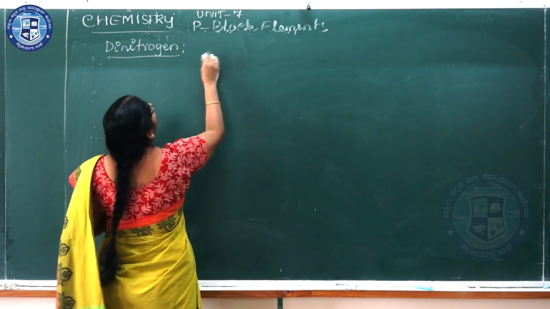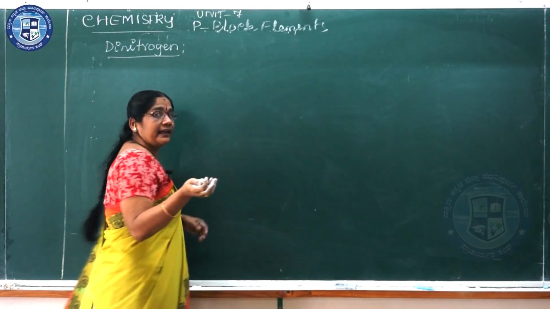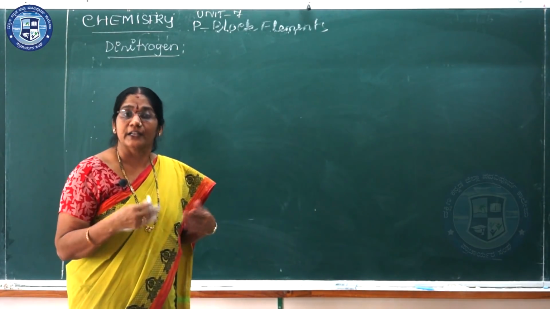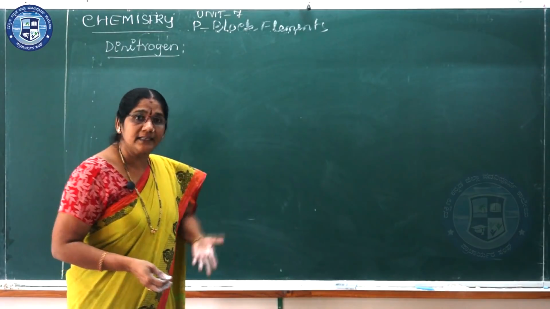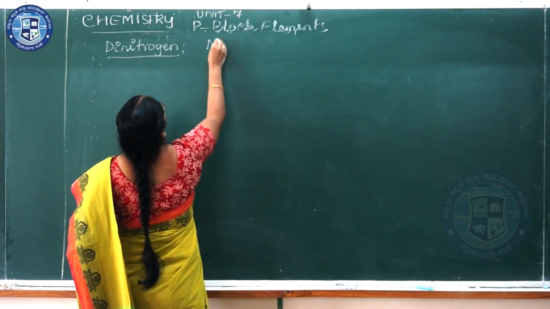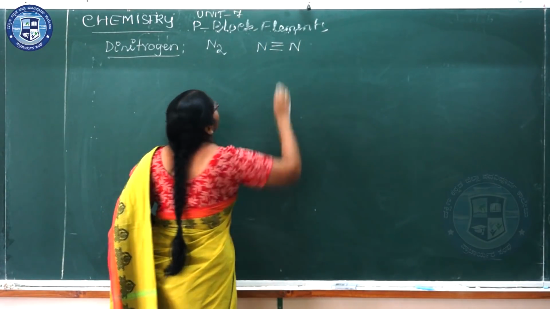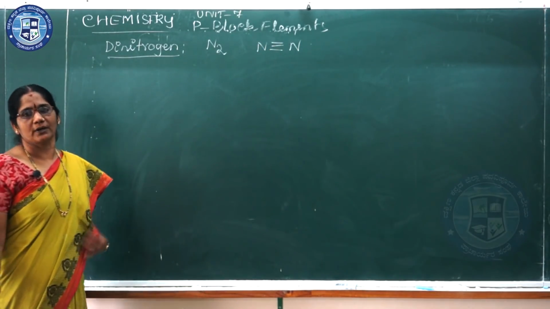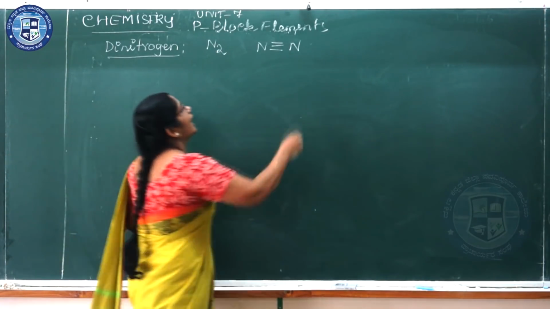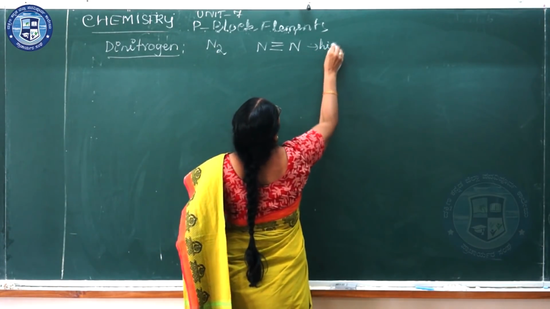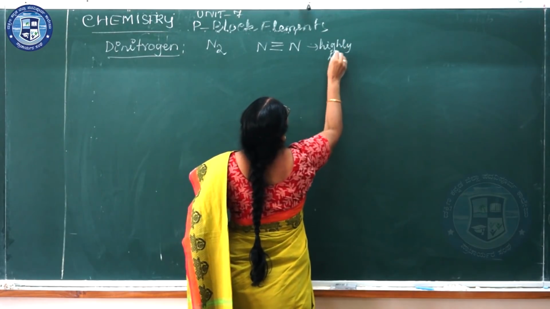It is colorless, there is no color in the air, no smell, it's a non-toxic gas which is highly inert. So it is N2 and has a triple bond, 1 sigma and 2 pi bonds between the 2 nitrogen atoms, highly stable or inert.